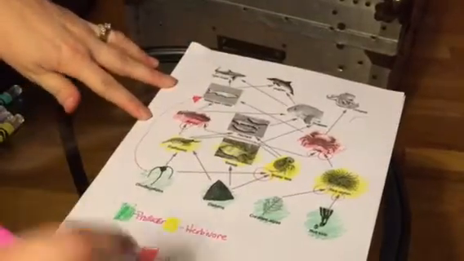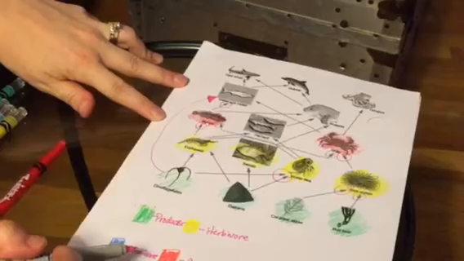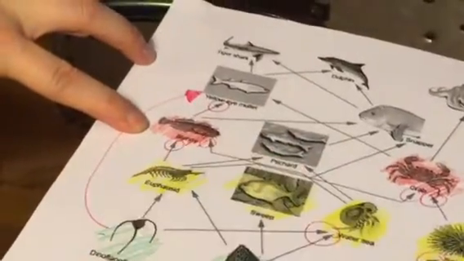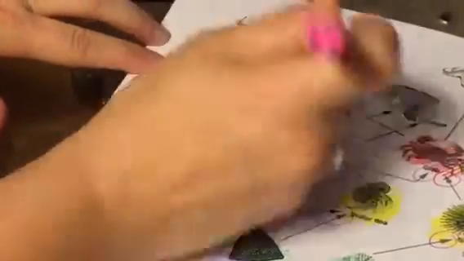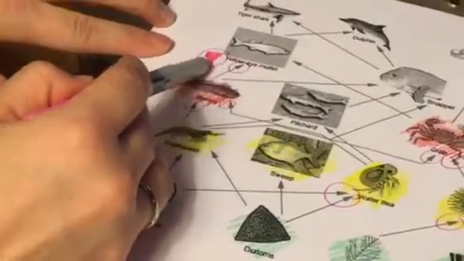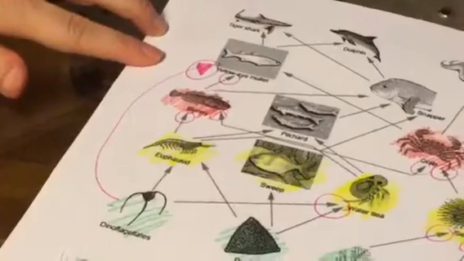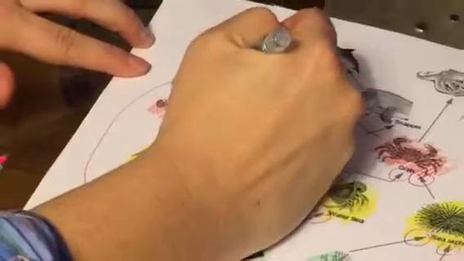Remember, just pretending. The arrow to the yellow-eyed mullet comes from the blenny, which is a consumer. The other arrow pointing to him comes from a producer. So two arrows, but they're from different types of organisms, which makes that an omnivore.